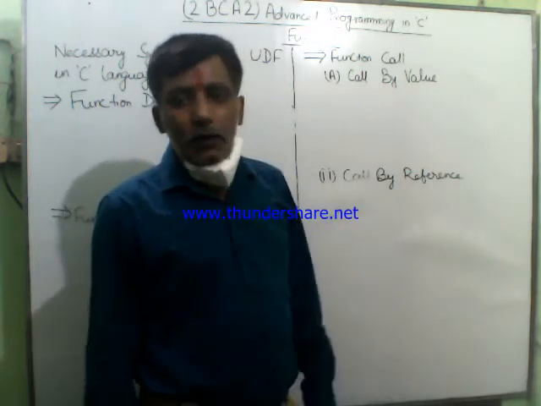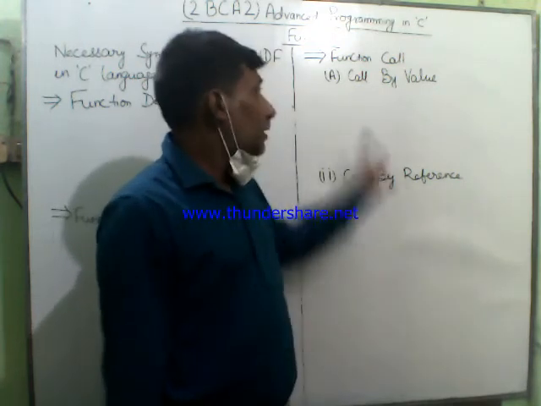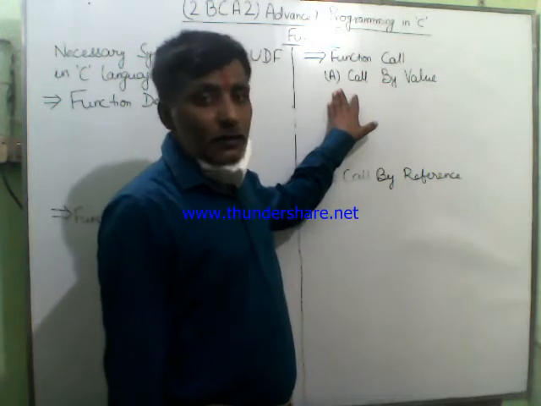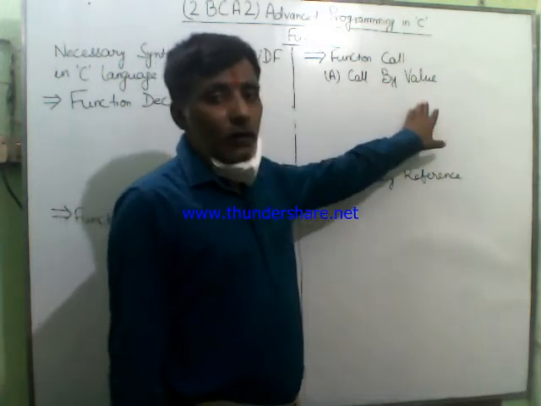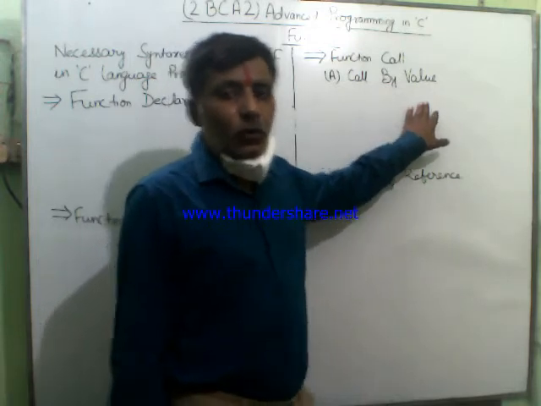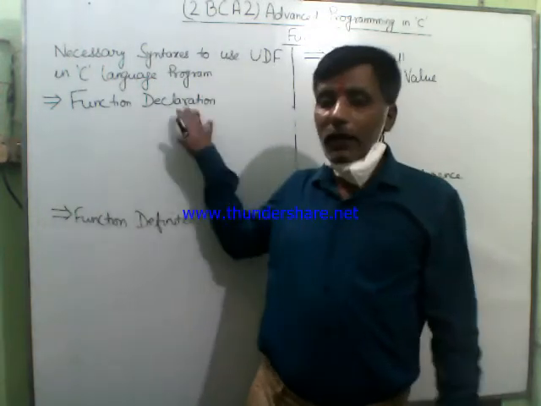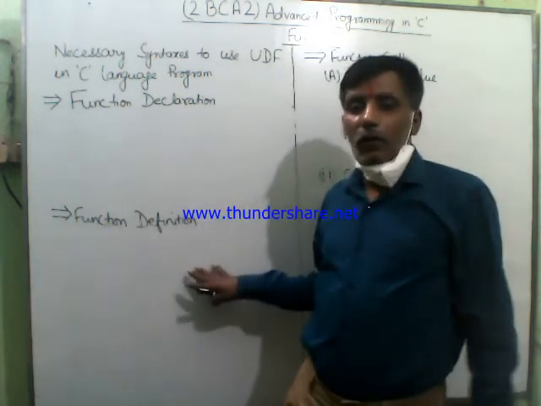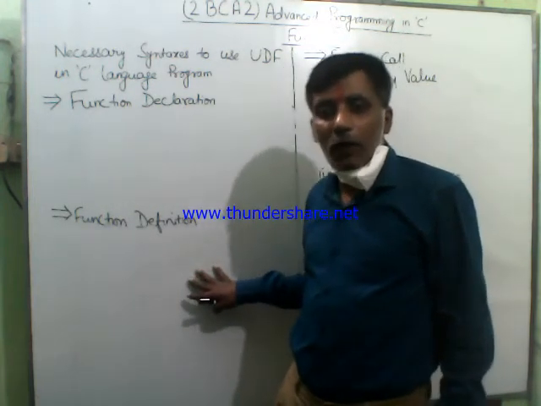If you are calling your user defined function by the method of function call named as call by value, then you have to follow a different syntax to declare your function in the program and to define your user defined function in the program.